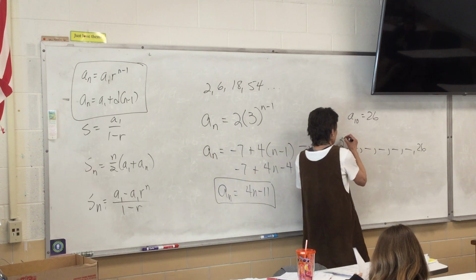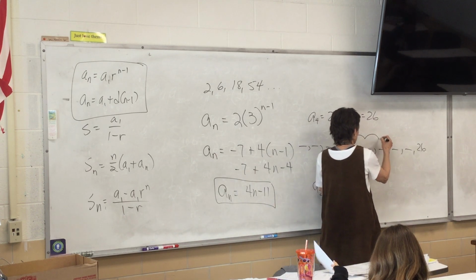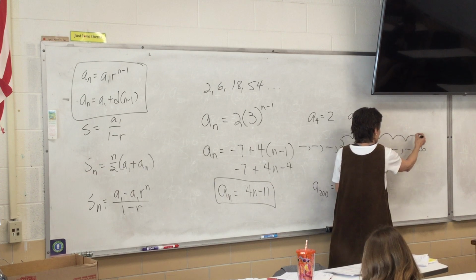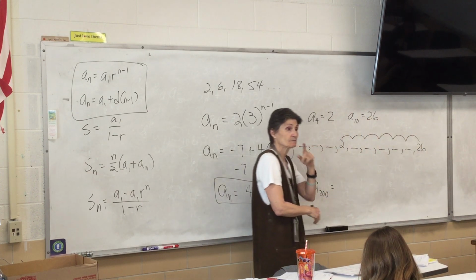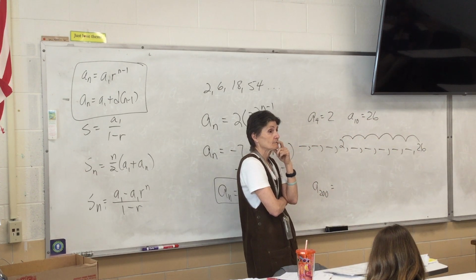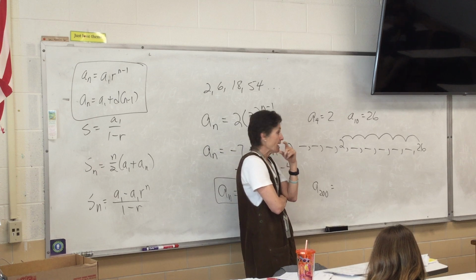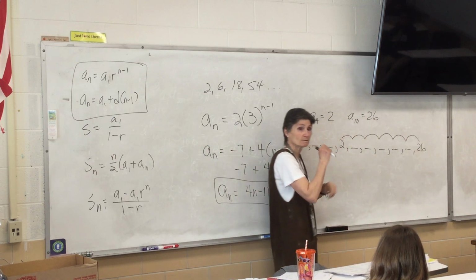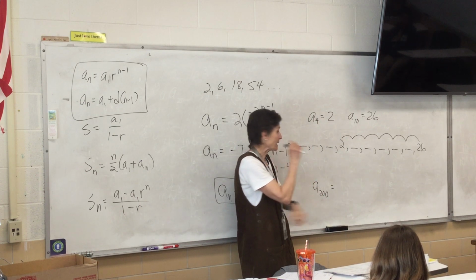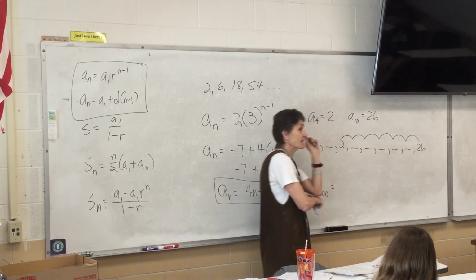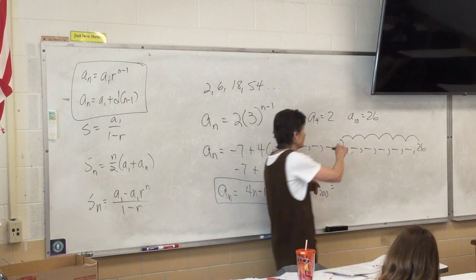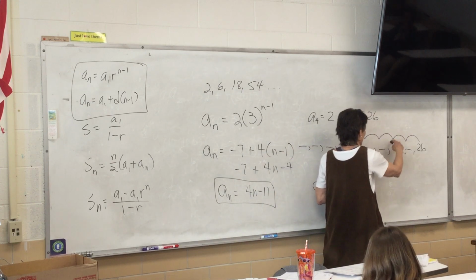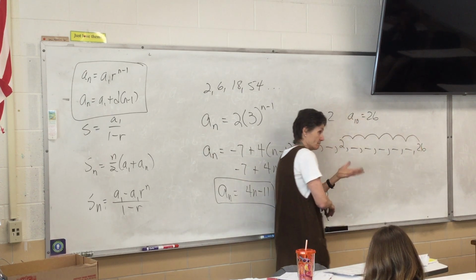I have to add 1, 2, 3, 4, 5, 6 times, and the total of that has to be 24. I got to get from 2 to 26. Isn't that 24? And I got to do it in 1, 2, 3, 4, 5, 6 steps.